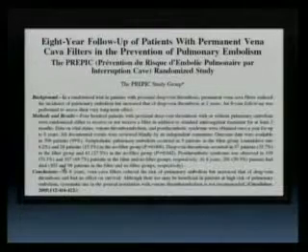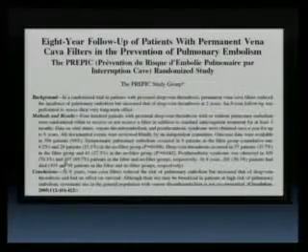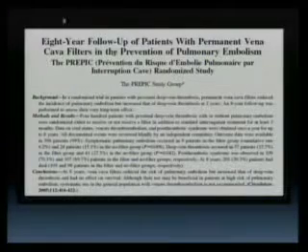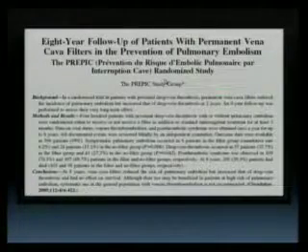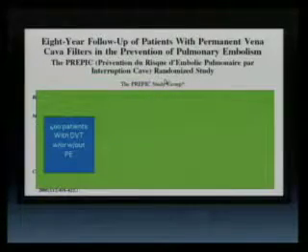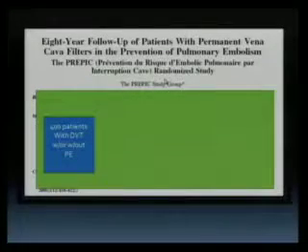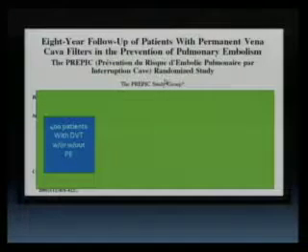Let's take a look at the PREPIC. The PREPIC is just an abbreviation of the French title of the study. So there were 400 patients enrolled with DVT with or without PE. So the common problem was DVT with or without PE.